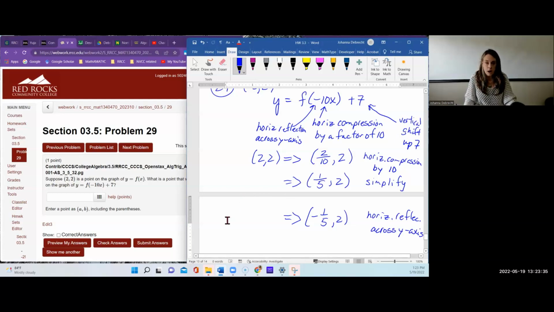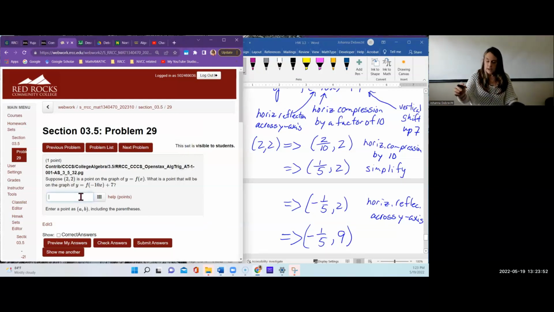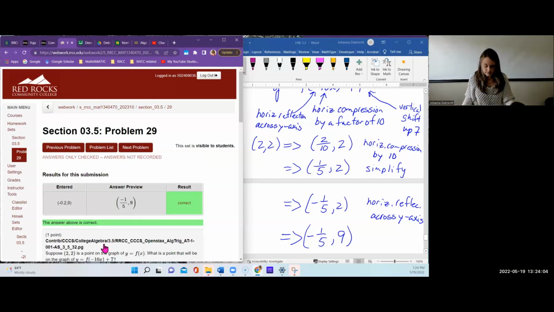Vertical shifts affect y, so I add 7 to the 2. Two plus 7 gives me 9. The final transformed value is -1/5, 9. Let's enter that in and see if we've got it right. Perfect.